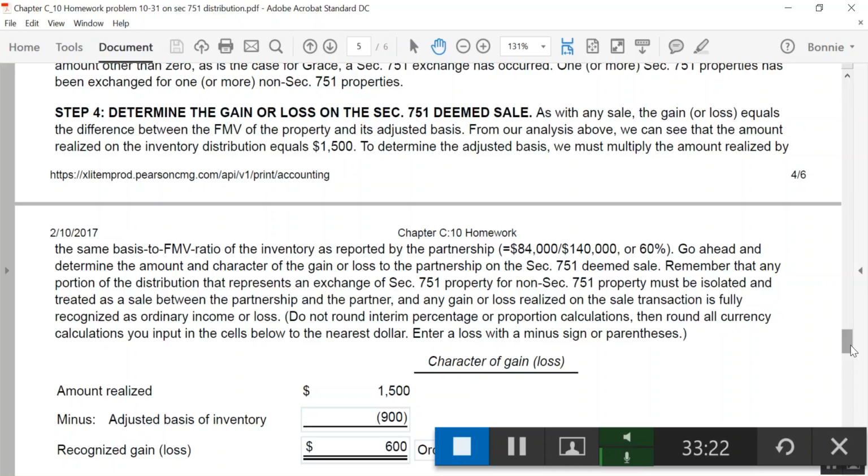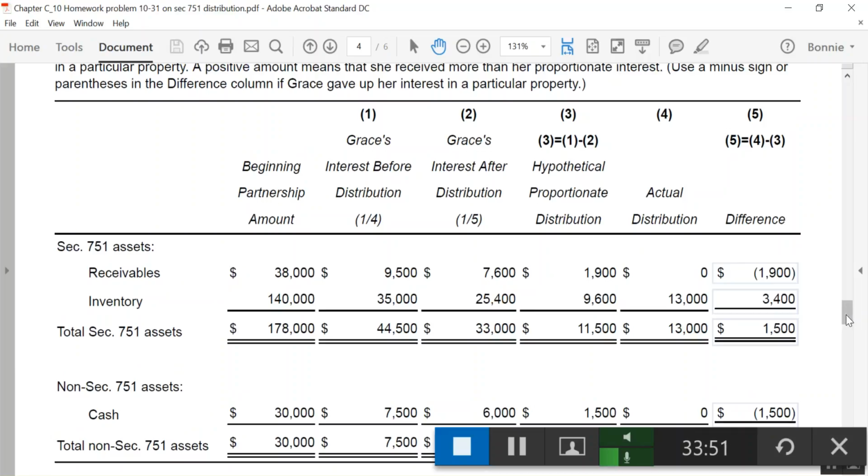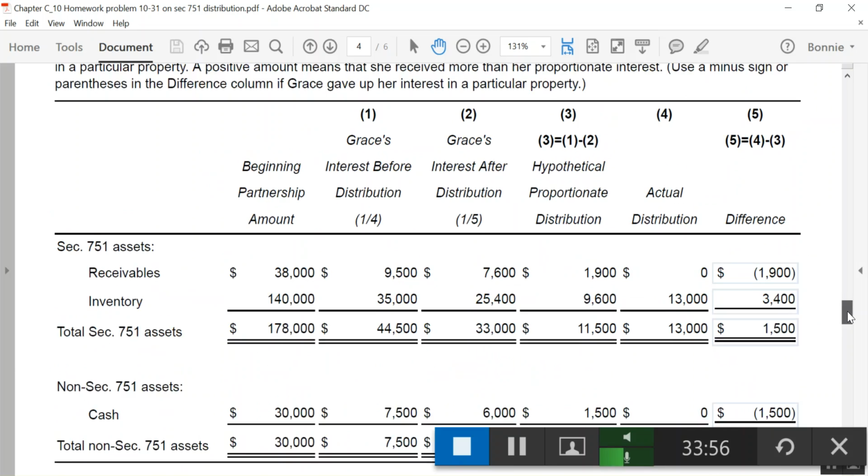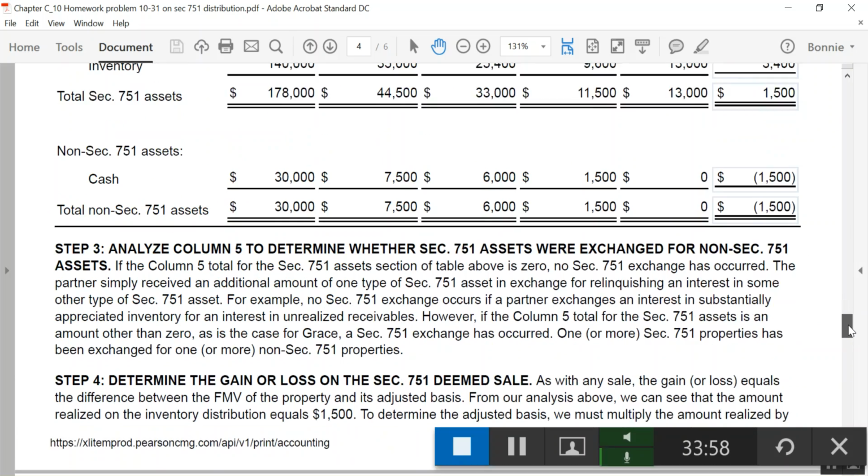In the book, the partner is deemed to be selling the property in exchange for proceeds. So the important thing, as you'll see below, is how this is affecting the other partners in the partnership, because this is actually a deemed sale by the partnership to the partner. It could happen the other way, except because of the way the pluses and minuses are working here, in our case, it's actually a deemed sale by the partnership.